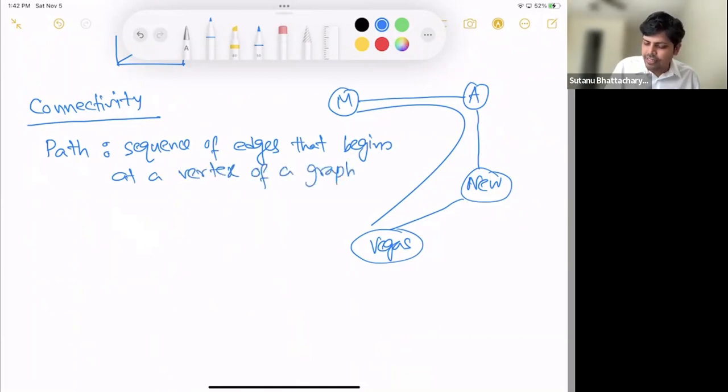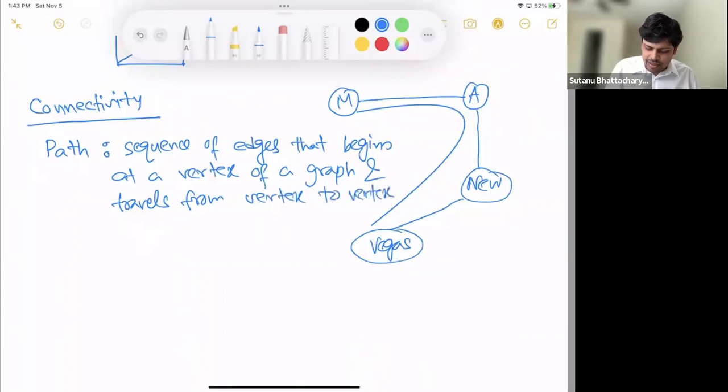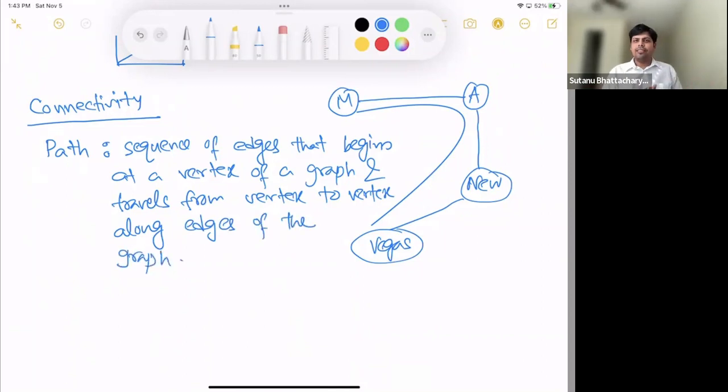Here it begins from Montgomery and travels from vertex to vertex along edges of the graph. That's the path. We all know what a path is. You don't need any computer science background to say what a path is. A path is not only a direct edge, meaning Montgomery to Atlanta, there is a direct edge.